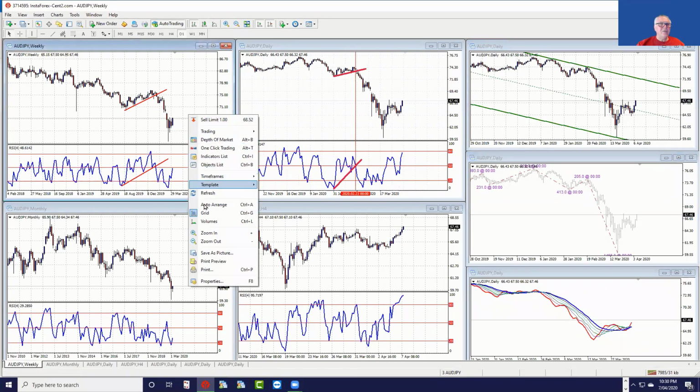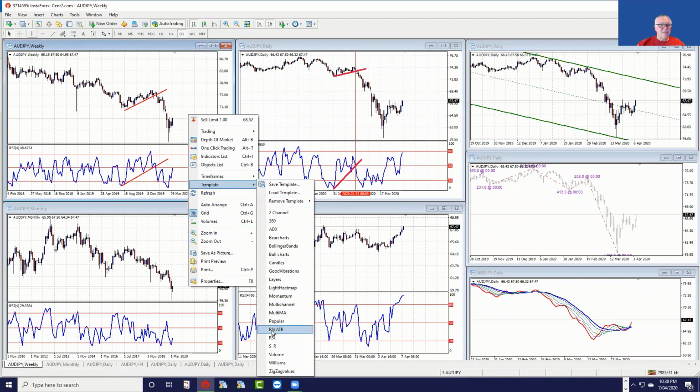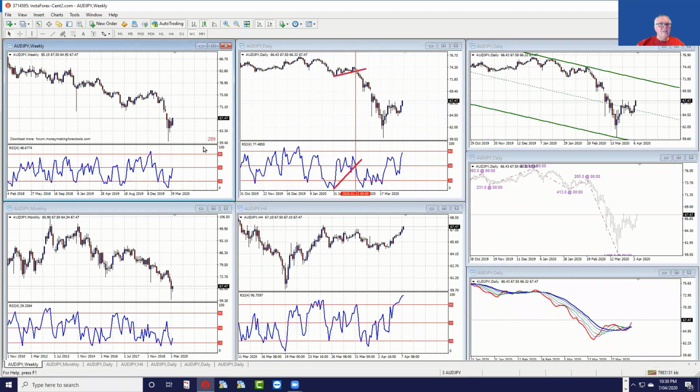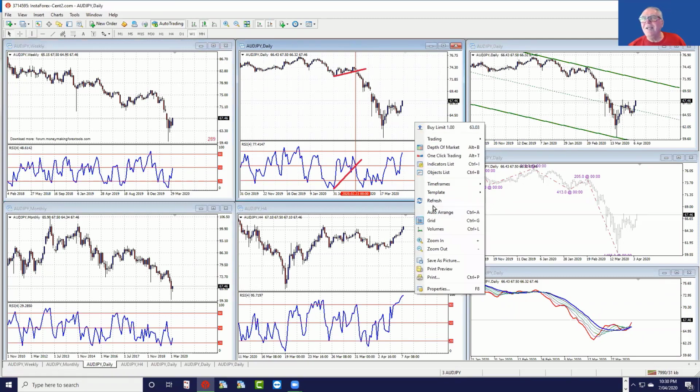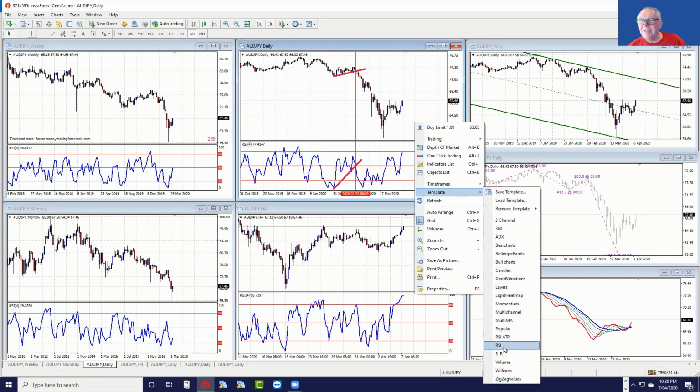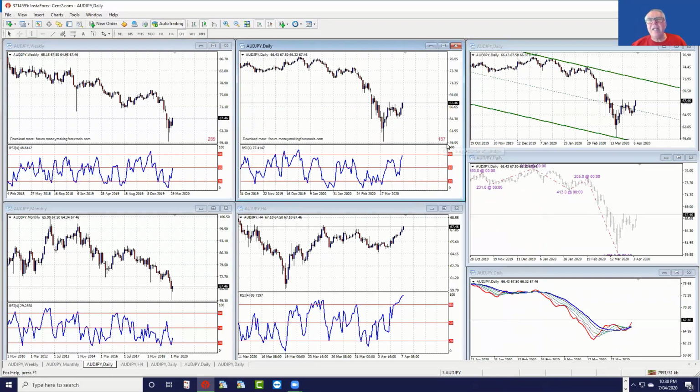So let's have a look. Templates. Very high. 280 pips a day. No, that's a week. These charts are in the wrong sequence. Okay, no wonder I got a bit of a fright there. 180. Okay, that's pretty high.